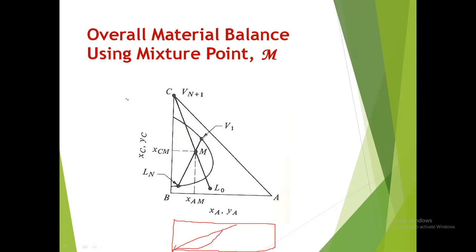So your V sub 1, you go down, you turn left until you reach the 45-degree line, you go up and rest on the lower part of the phase envelope. This is your L sub 1.